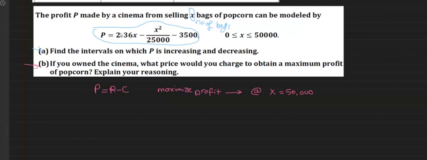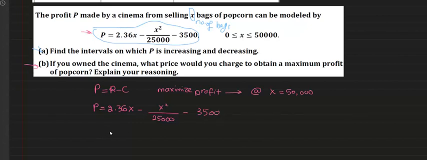We know when we try to get the intervals of increase and decrease for that given profit, where if we compared it to what we know about the profit, that it's the revenue minus cost, it becomes this value minus that one minus the 3,500.